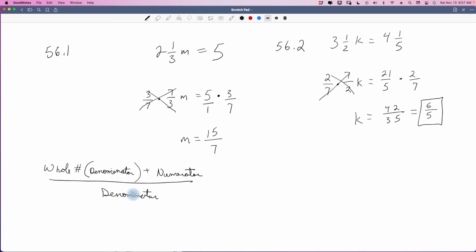All right? And if you don't know, the one on top is the numerator, and the bottom one is the denominator. A way to remember that is that denominator sounds a lot like denomination, like in bills, like in money.